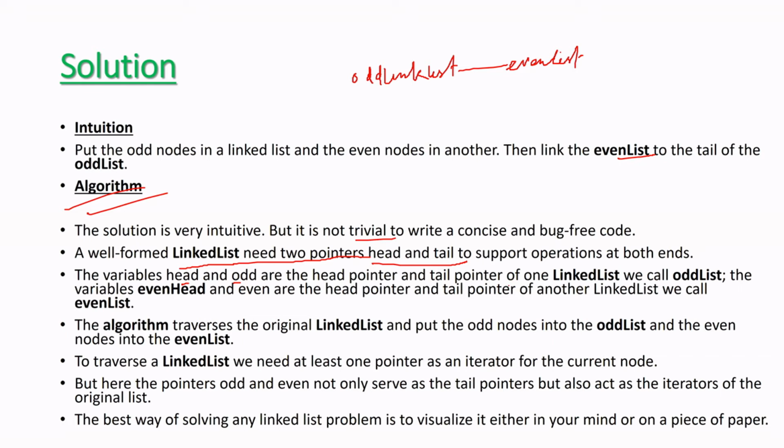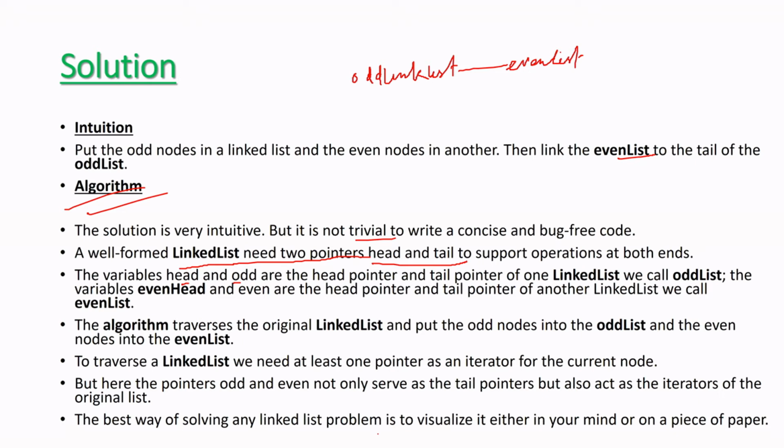The variables evenHead and even are the head pointer and tail pointer of the other linked list, which we call the even list. The algorithm traverses the original linked list and puts the odd nodes into the odd list and the even nodes into the even list. To traverse the linked list, we need at least one pointer as an iterator for the current node.